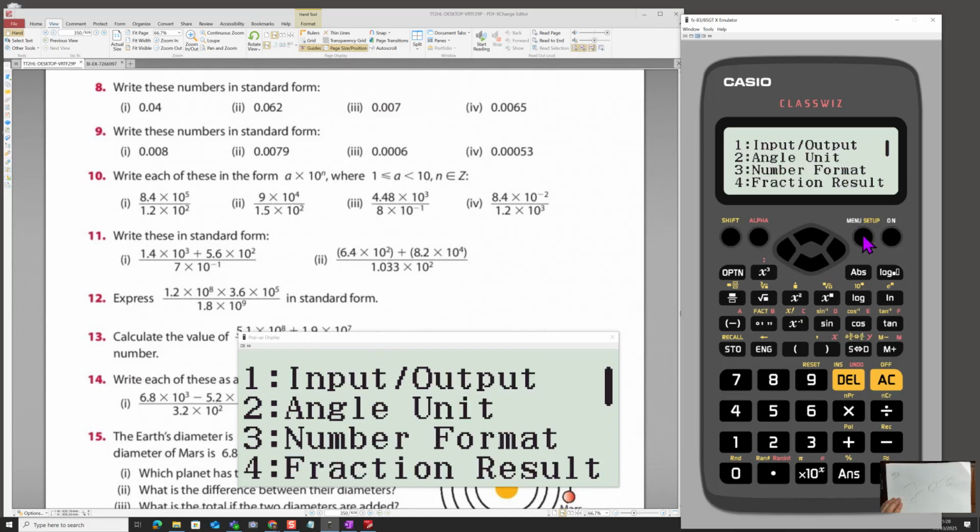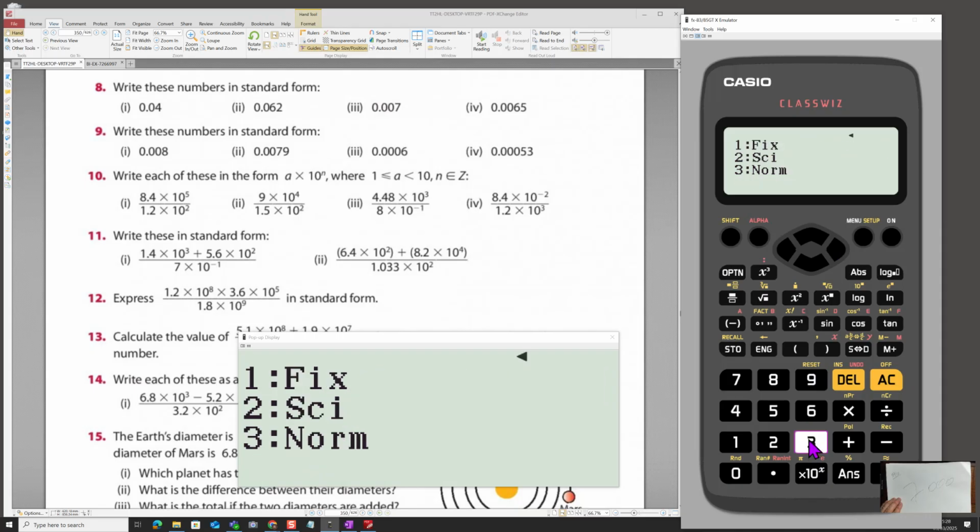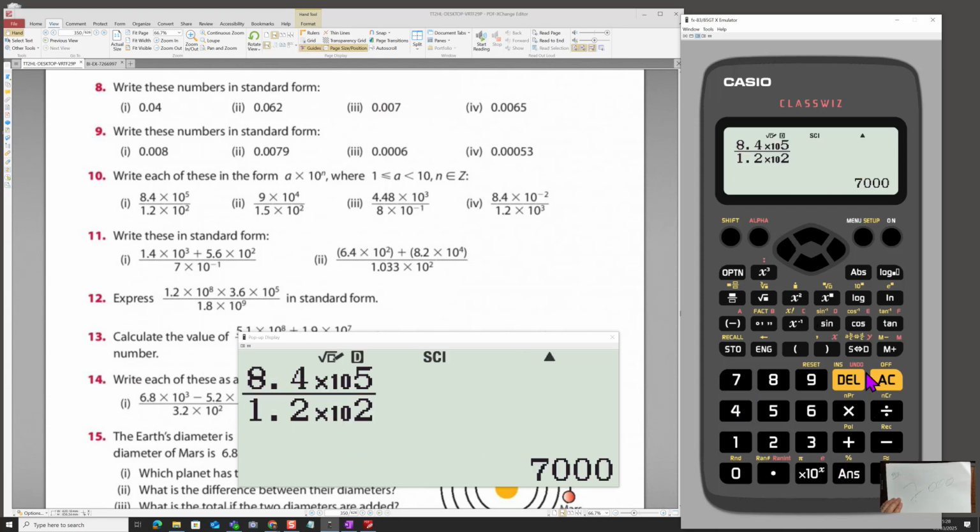Shift setup, even though it is setup, I might say shift setup just to remind myself, number, and go into scientific, and we'll just take 5 decimal places. Now your answer will be given in scientific notation. And actually it did ask me to do that. Okay, so I'm glad I did that.